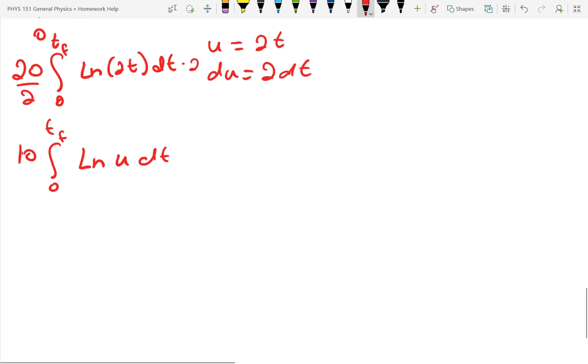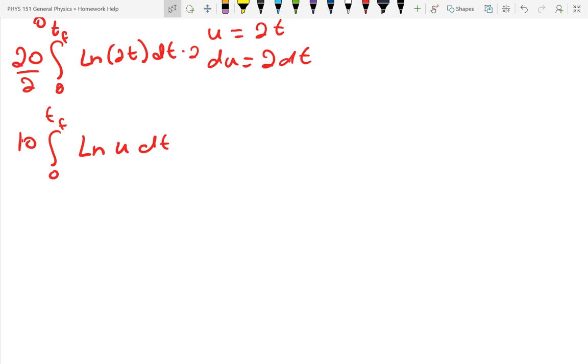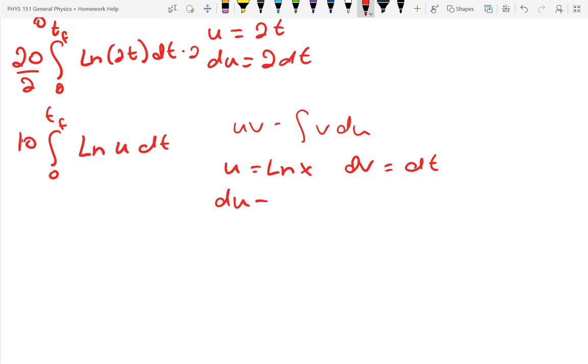And then for this one, I used the UV minus integral of V dU thing somehow, where U is natural log of x and V is dt, and then dU is 1 over x, and V is x, or t.